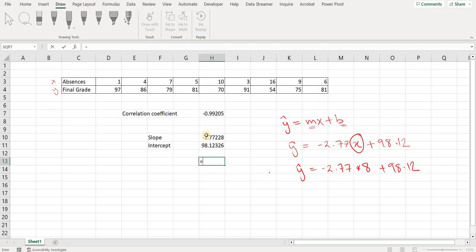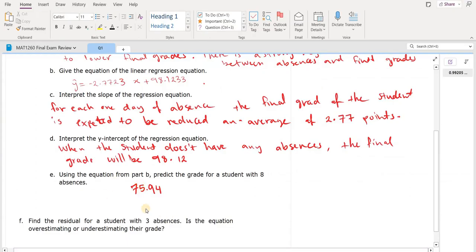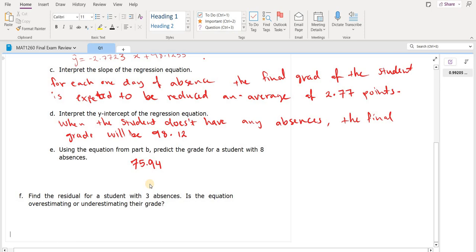I'm going to say the slope times 8 plus the y-intercept gives me the grade of the students with 8 absences. So the answer is 75.94.